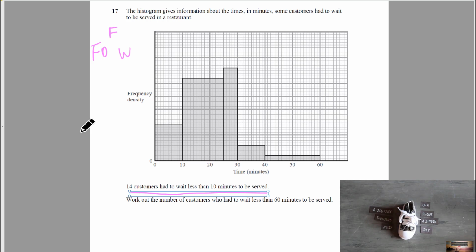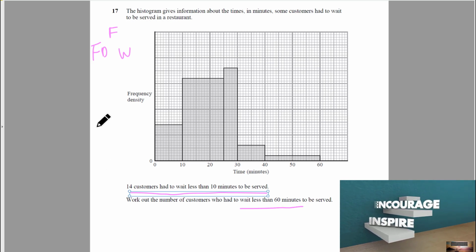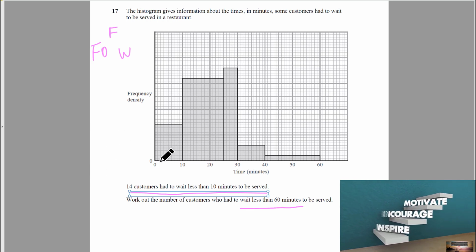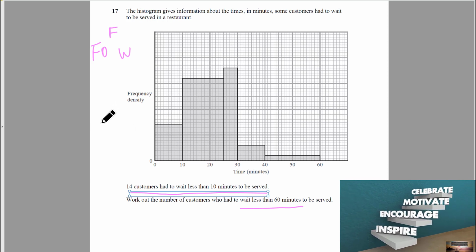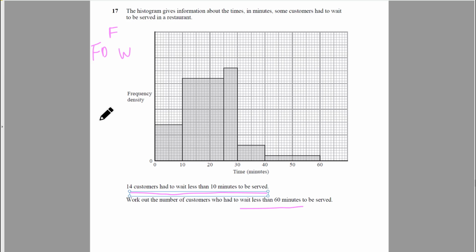So we can see that we have to answer less than 60 minutes, but let's just work out what the frequency density is. So can we see that's 14 squares? So we're just going to use 14 squares. And the width is 10. And it's giving us the 14 customers as well. There's 14 here anyway. So the frequency is 14.